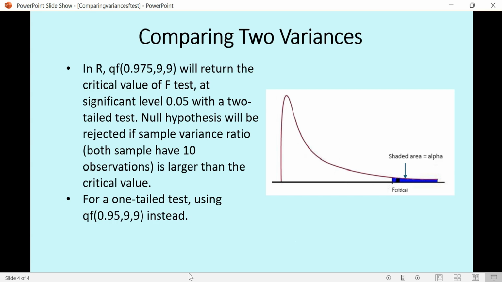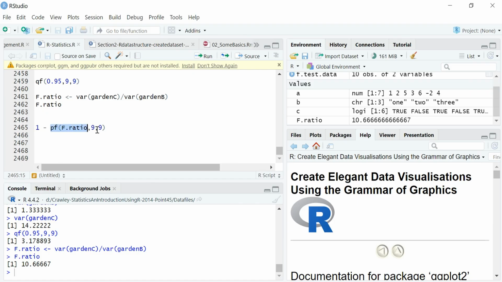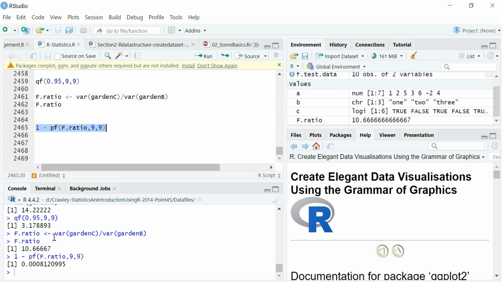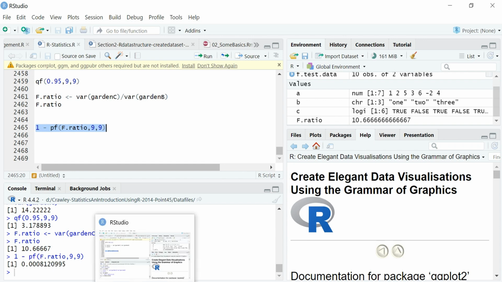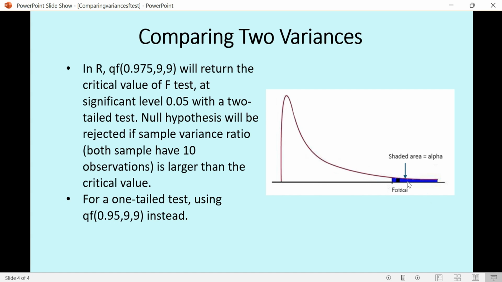Run. This is very small, 0.008, which means the blue area for our sample is very small, so we reject the null hypothesis, right?